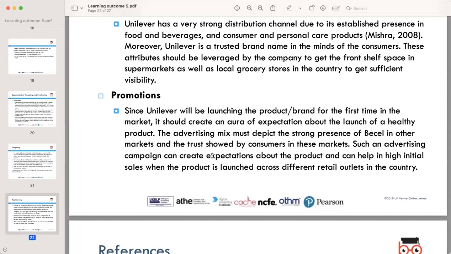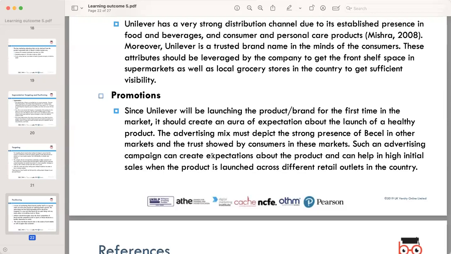So the advertising mix must depict the strong presence of Basil in other markets and the trust shown by consumers in these markets. Such an advertising campaign can create expectations about the product and can help in high initial sales when the product is launched across different retail outlets in the country.